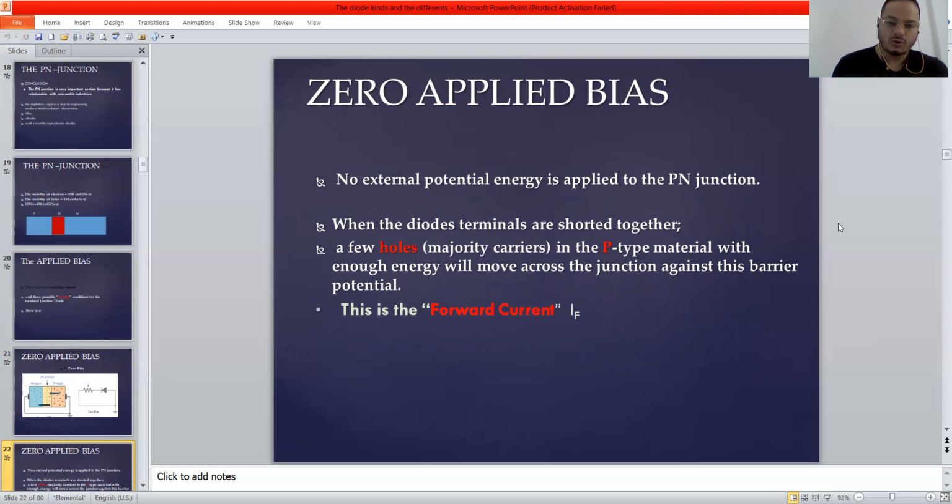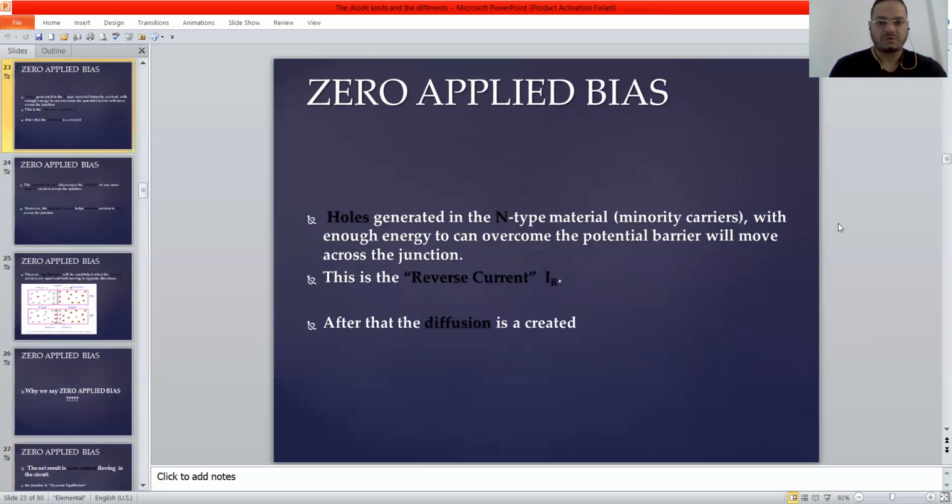Let's go to the reverse current, IR. Let's give an appropriate definition to the reverse current.